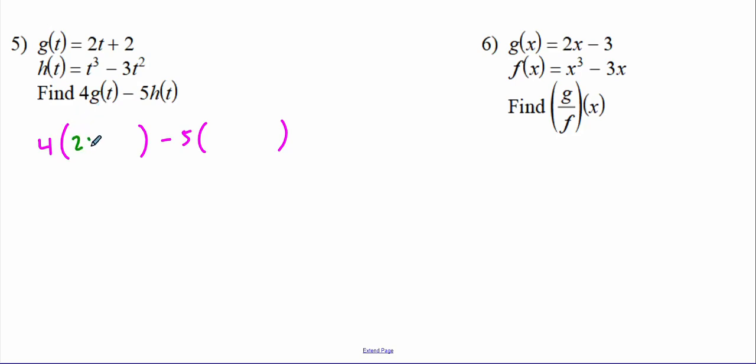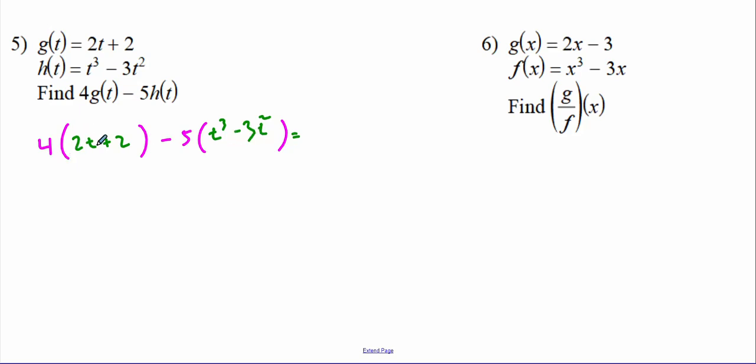So this is 2t plus 2, and the h function is t cubed minus 3t squared. Okay. And this is, by the way, called a linear combination, because you're combining different functions in a linear way. In other words, you're not really squaring. This is not like g squared. You're just combining. Well, that's what it's called, linear combination.